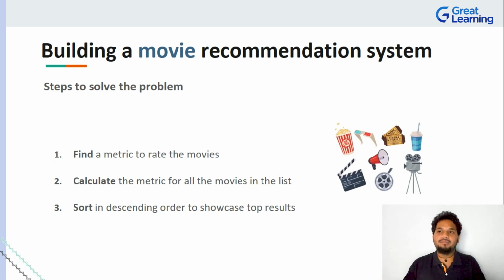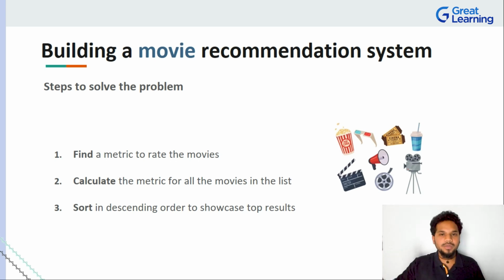Now, after we have a metric that gives a rating score for all the movies that your own recommendation system is giving you, what is the next logical thing to do if you're building a top 10 movie list? You definitely have to arrange it in descending order. The rating, the number between 1 to 10, if that is the maximum, it means that is number 1. It gets higher preference, higher priority. Common sense.